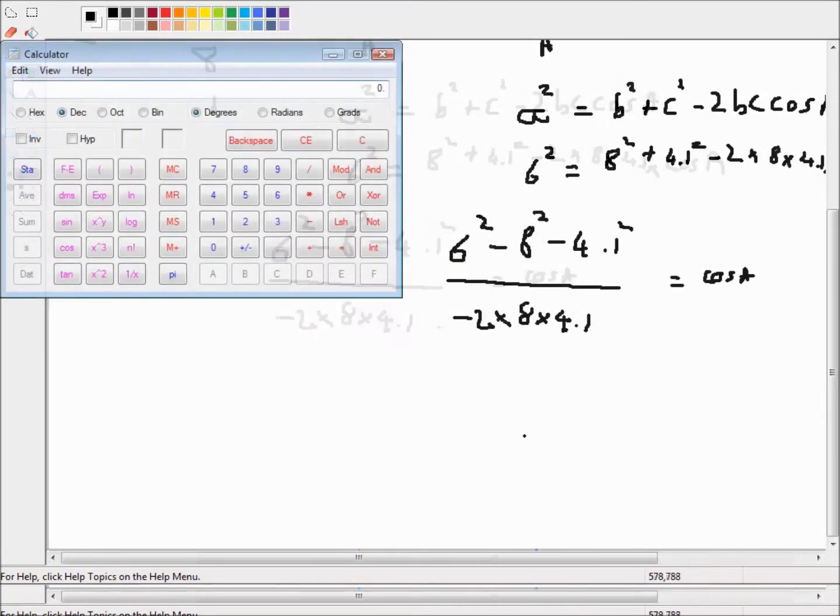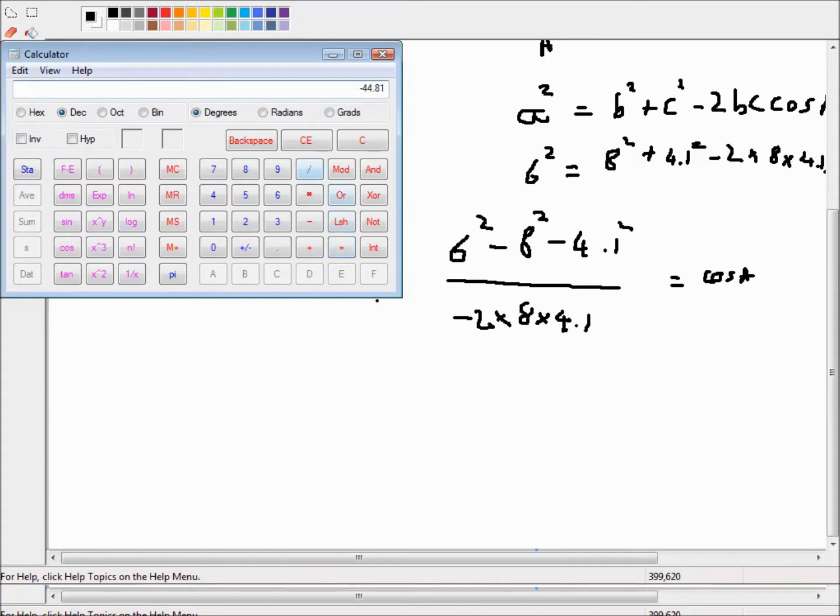Okay, so I have my calculator, so we can just plug these numbers in. So 6 squared minus 8 squared minus 4.1 squared is equal to negative 44.81.